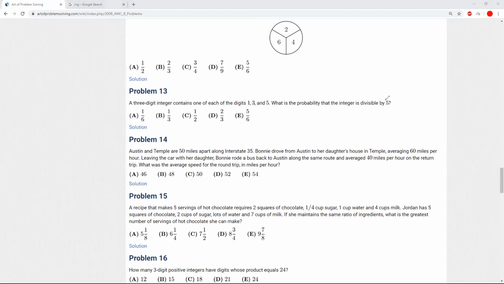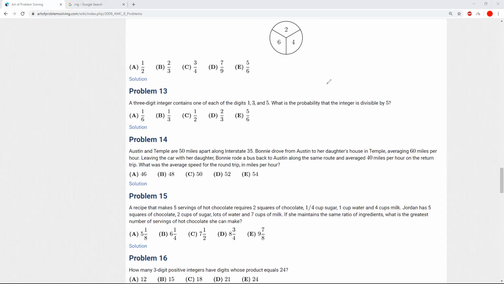This is just another one of those questions where we look at each possible 3-digit number, and then we're going to see how many are divisible by 5.